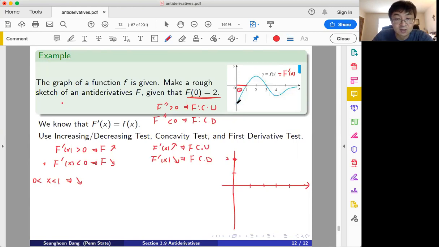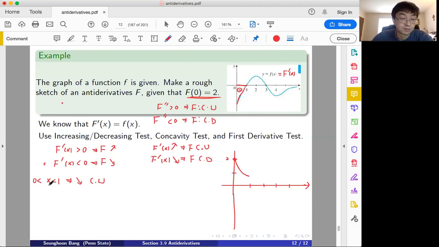So the graph is decreasing and concave up, like this.